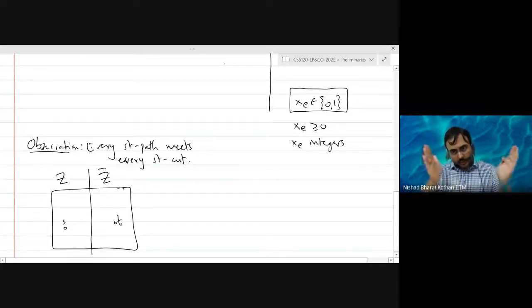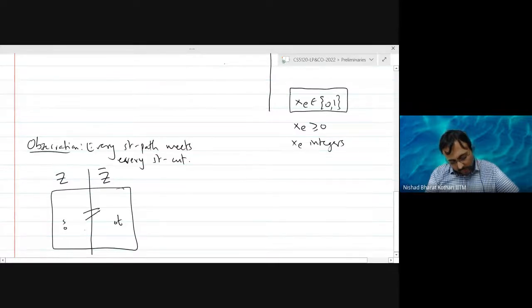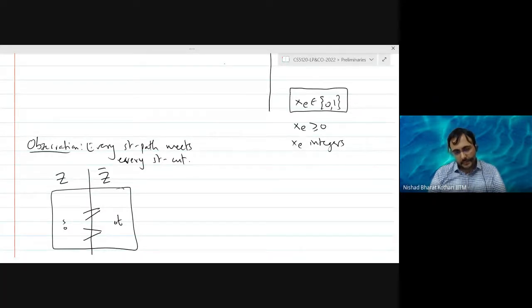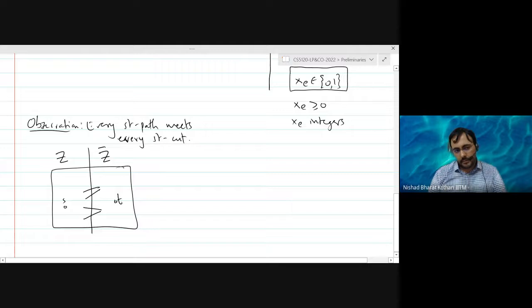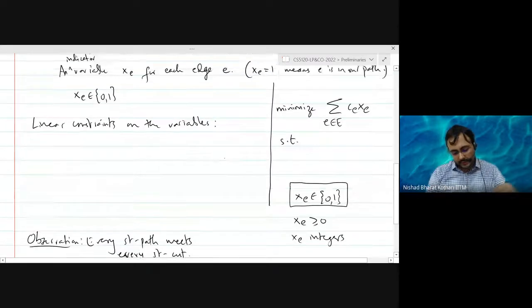It's a bipartition of the vertex set. I want to make sure that at least one of the edges in this cut is chosen in our path. Right? So that just means that the sum of the variables corresponding to these edges is at least 1. Right? So we can include that constraint.